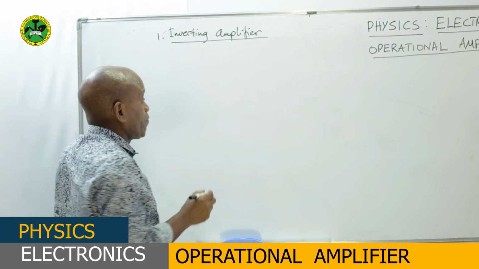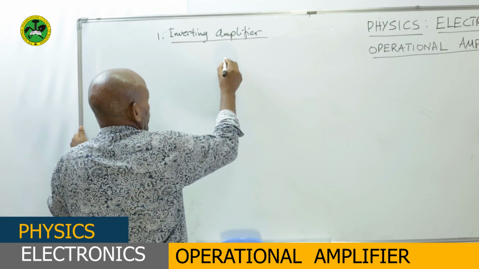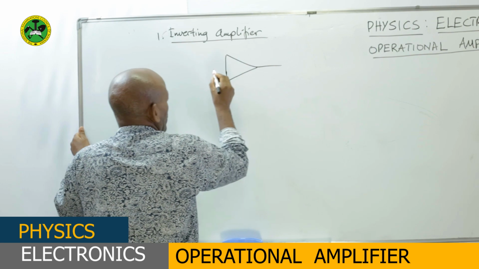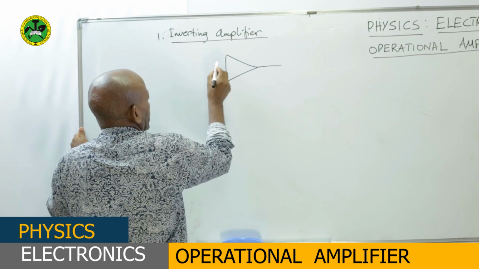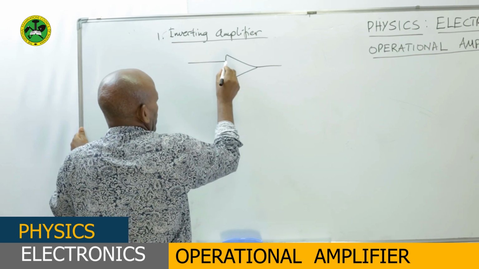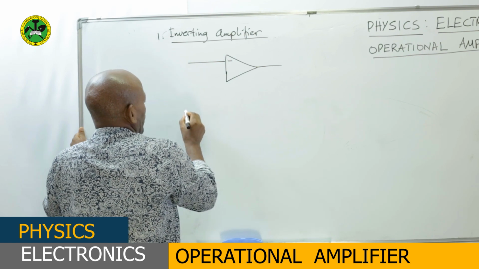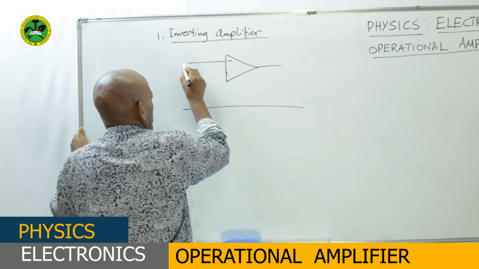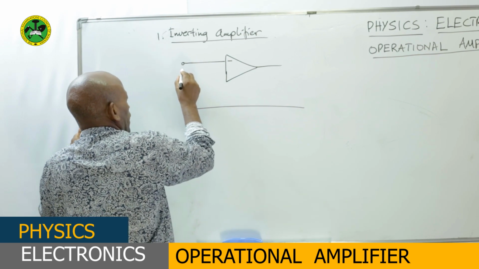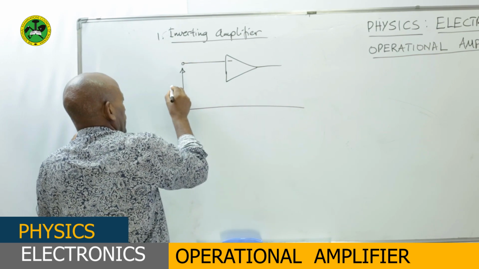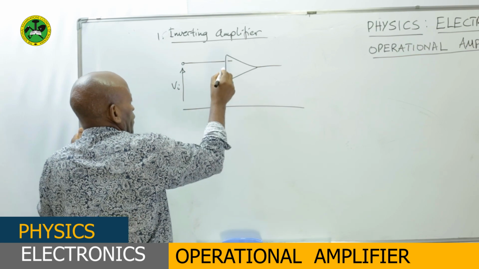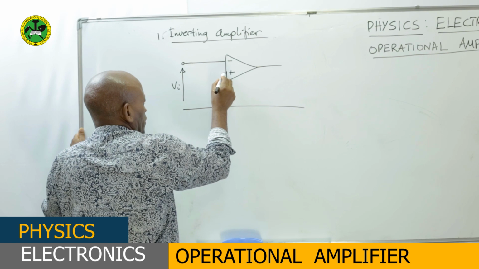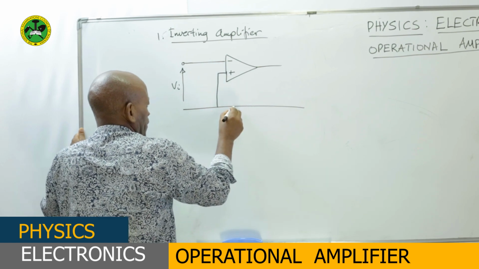In an inverting amplifier, we have our operational amplifier connected in this way: the input signal goes to the inverting terminal, and the non-inverting terminal is earthed.